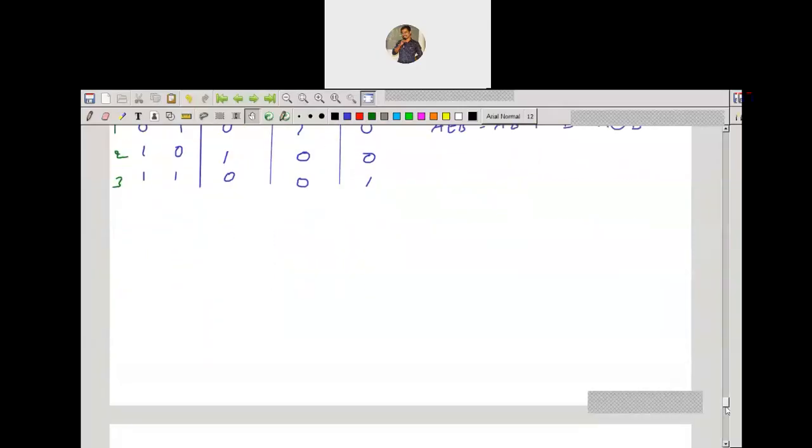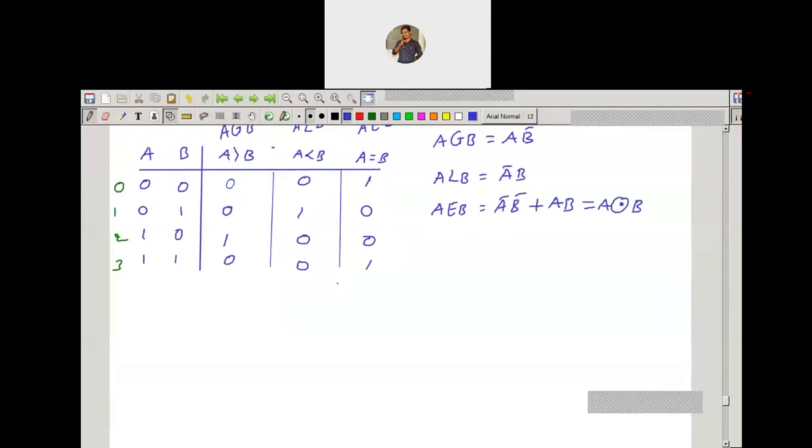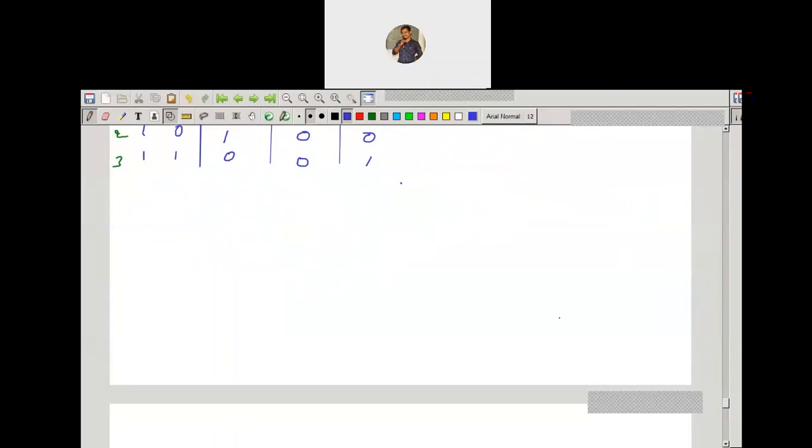Now we can design the logic diagram. The number of inputs: two inputs, A and B, are the input variables. And we also need A bar and B bar.